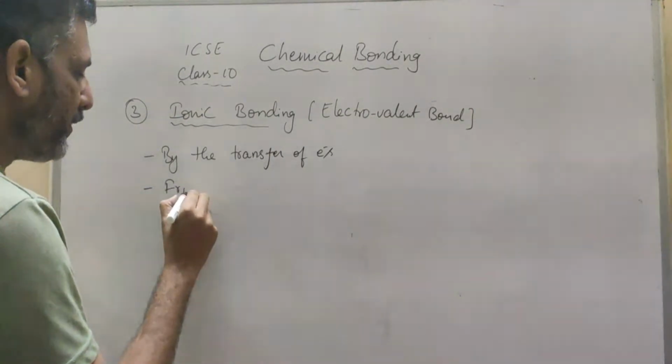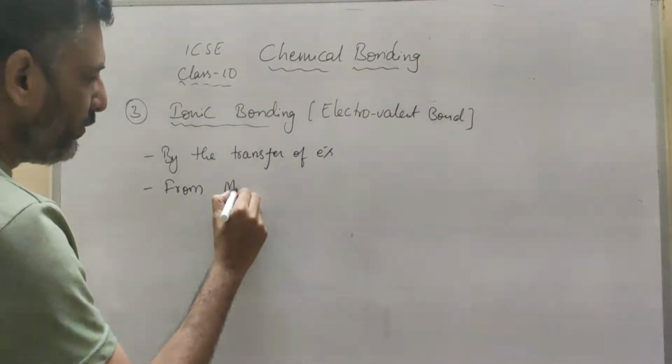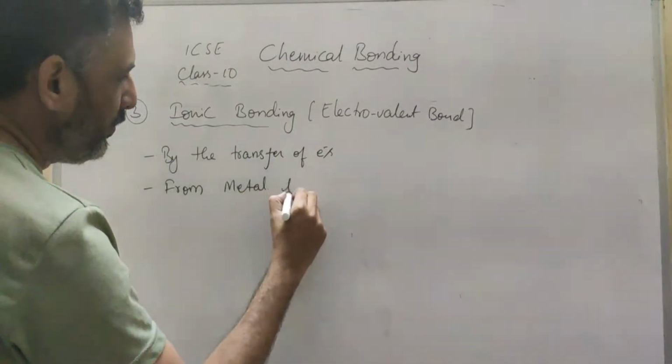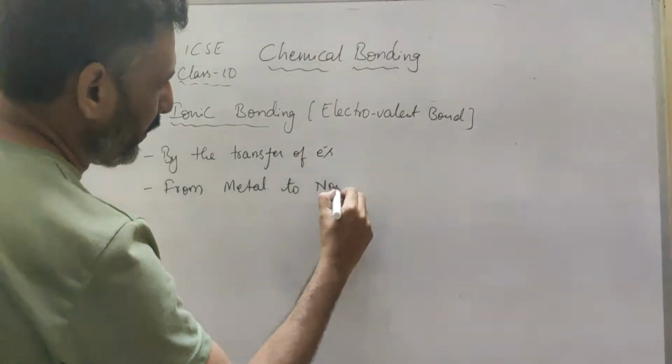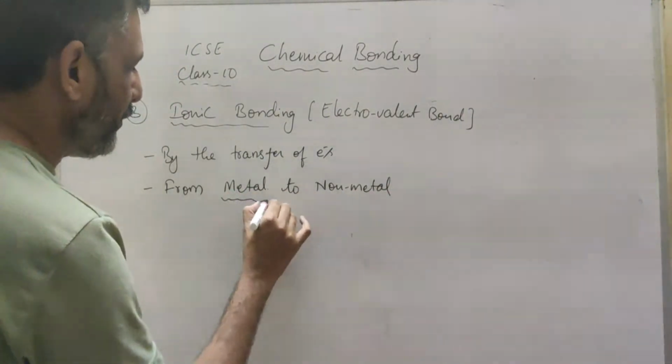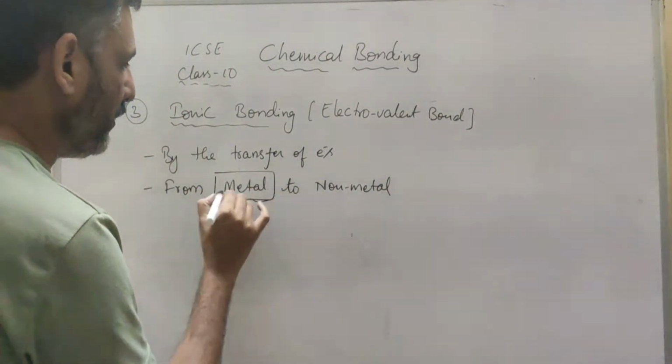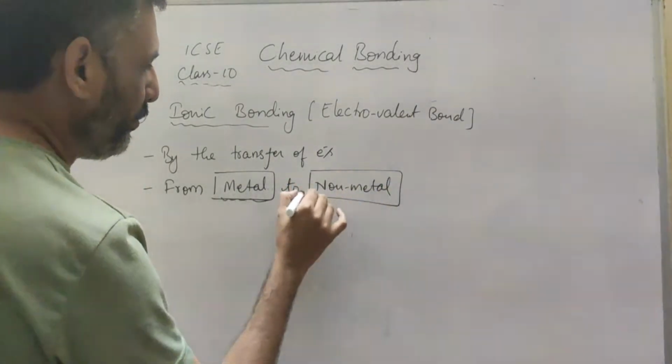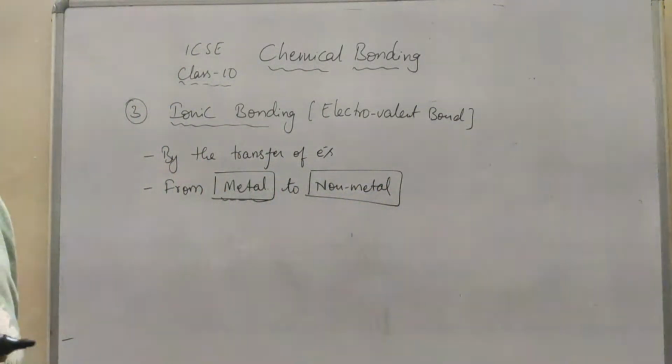And how does the transfer take place? From a metal to a non-metal. That means in this electrovalent bond, one metal and one non-metal will take part in the formation of the bond.